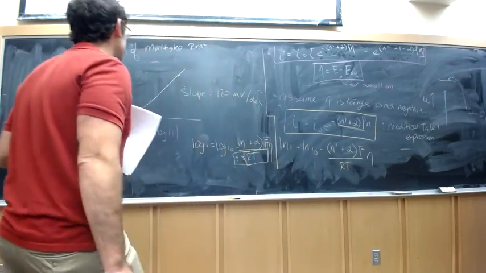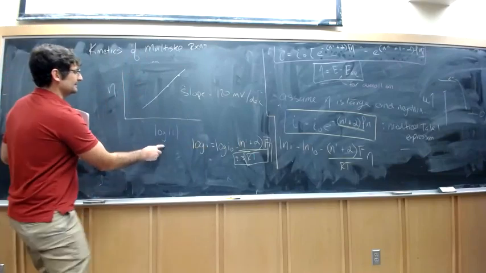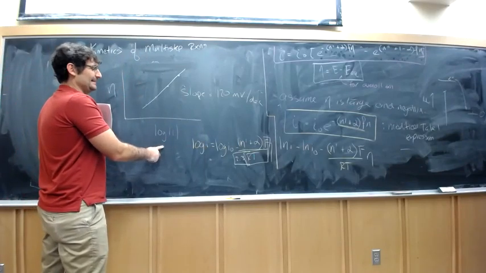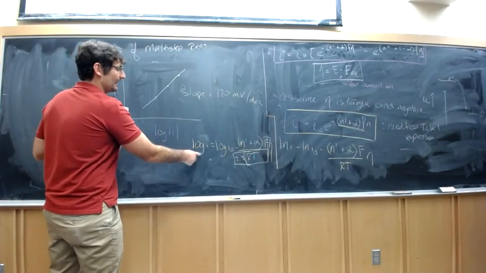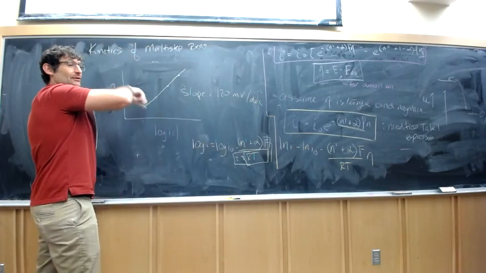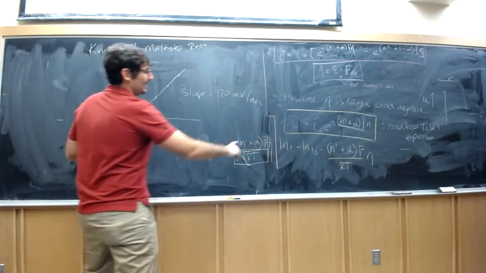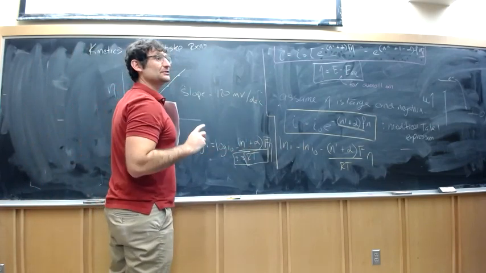So actually, let's see, what I told you is not quite right. Because here log I is x and this is y, right? So if I plotted it with these axes switched, it would correspond to this equation. So the actual Tafel slope is going to be the inverse of this.